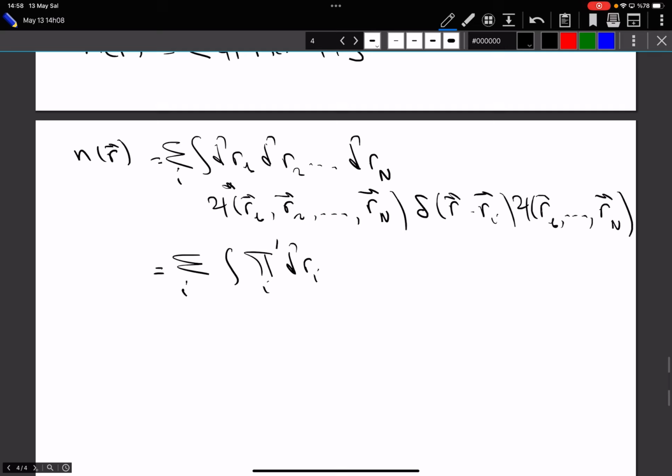Let me write it in this form. You see, I can use that Dirac delta for each one of those i's to evaluate the Ri integral. So all the coordinates remain the same, except that one of them is now R.